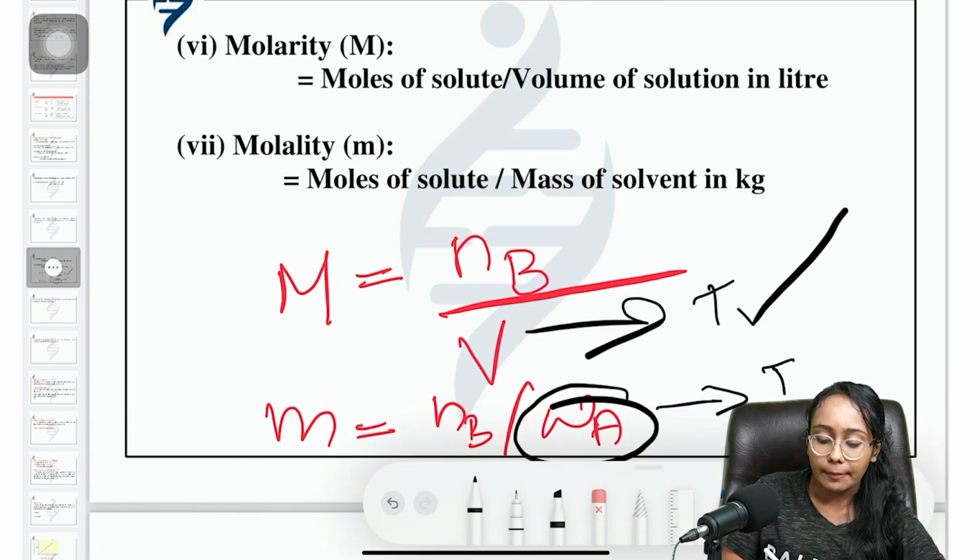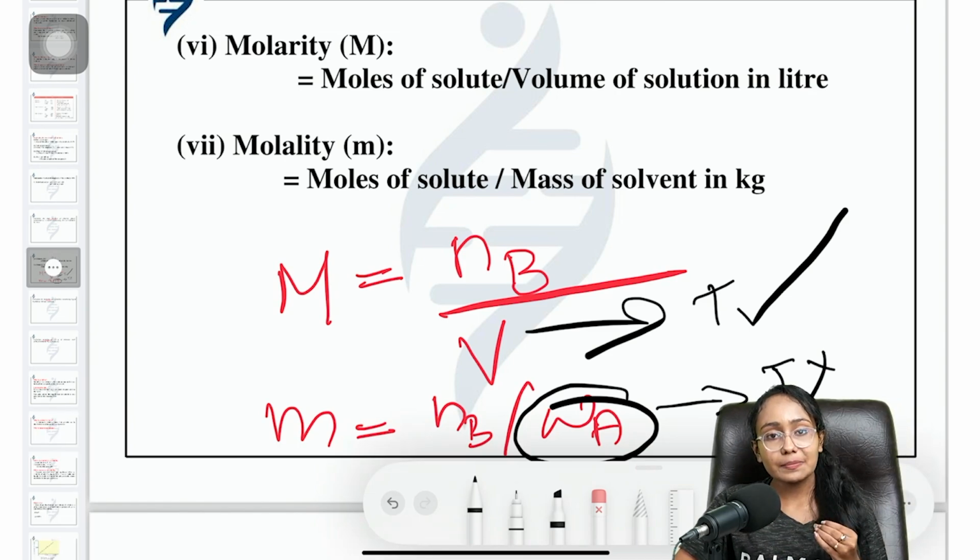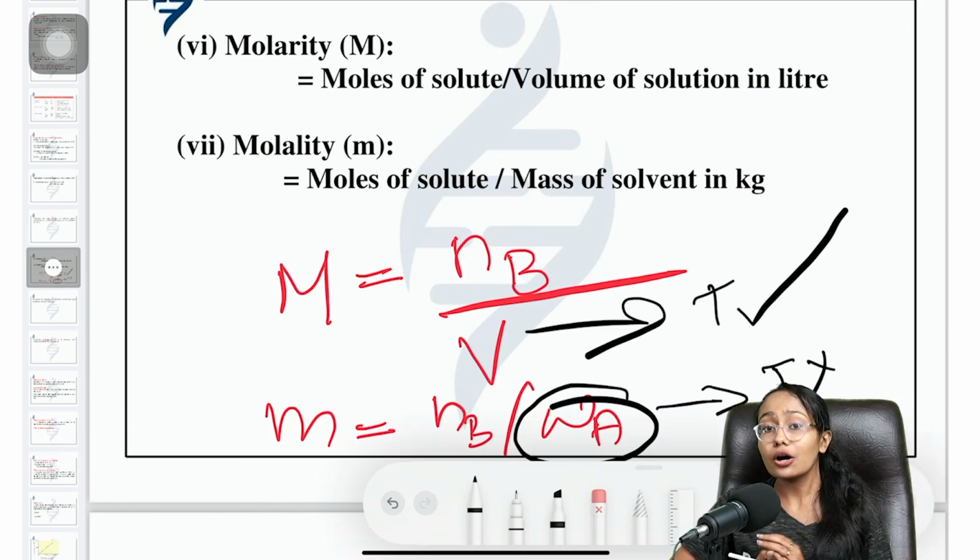It is temperature independent. So tell me which is the better method of expressing concentration. Obviously molality, because the mass term is independent of temperature variations. But in molarity, we have volume. Volume is obviously temperature dependent. It changes with temperature.